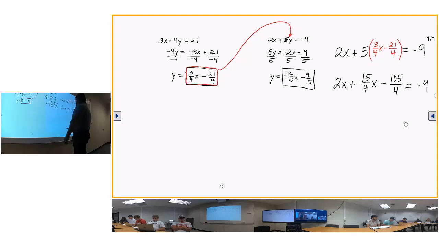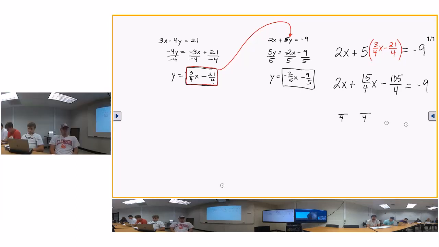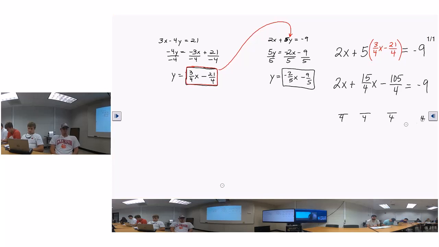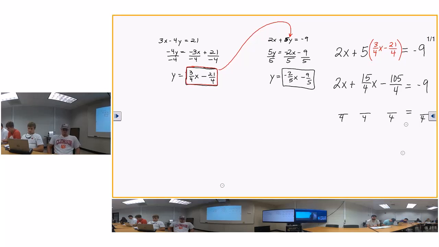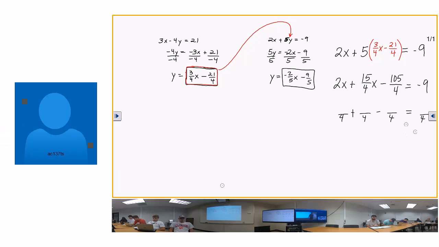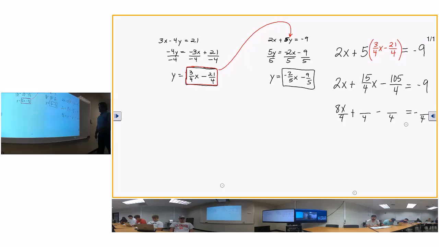So 4 is my common denominator. Or you could depend on a calculator, which would solidify you not being able to change or spell mom backwards. 1 will go into 4 4 times. 4 times 2 is what? 8x. 4 goes into 4 1 time, 1 times 15 is 15.